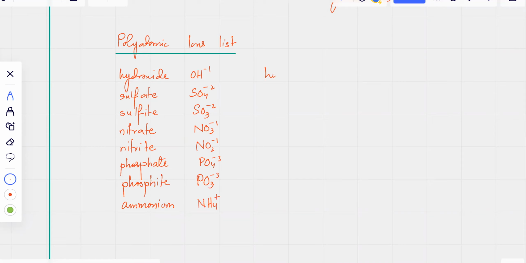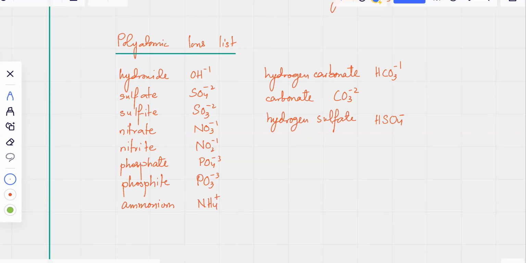You've got hydrogen carbonate. Now that one is HCO3 with a charge of -1. खाली carbonate भी होता है. ठीक है, that is CO3 with a charge of -2. Hydrogen sulfate होता है. That is HSO4 with a charge of -1.